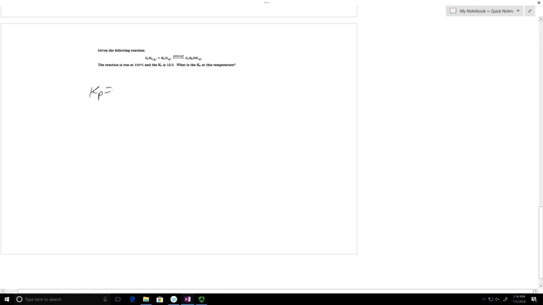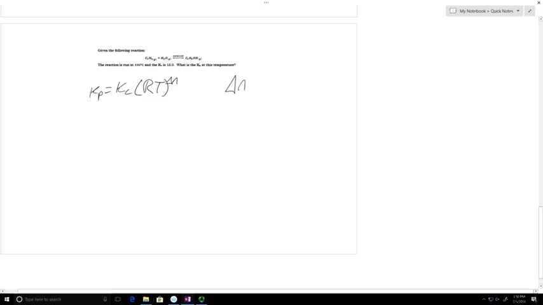Kp is equal to Kc times RT to the delta N. Now, delta N is the products minus the reactants of the number of moles that are gaseous only, all right? So if I were to have had an aqueous or a liquid or a solid, you would not include it in the delta N. Delta N is only for gases.